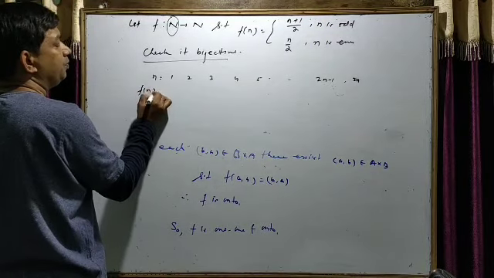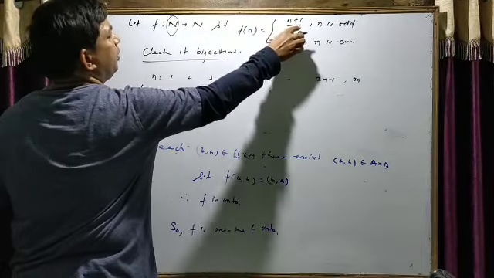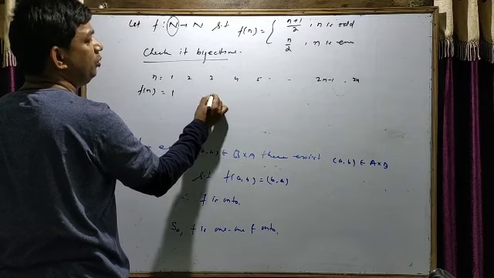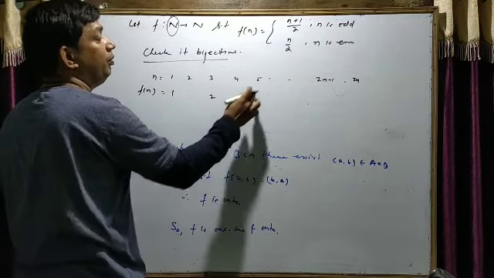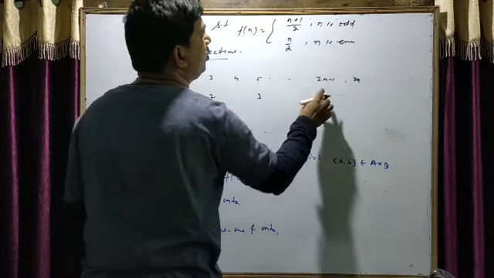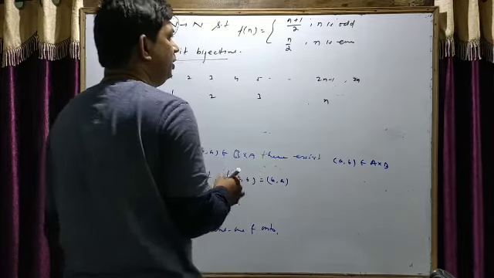So what is f(n)? When you take odd: (1+1)/2 = 1, (3+1)/2 = 2, (5+1)/2 = 3, so (2n-1+1)/2 = n.